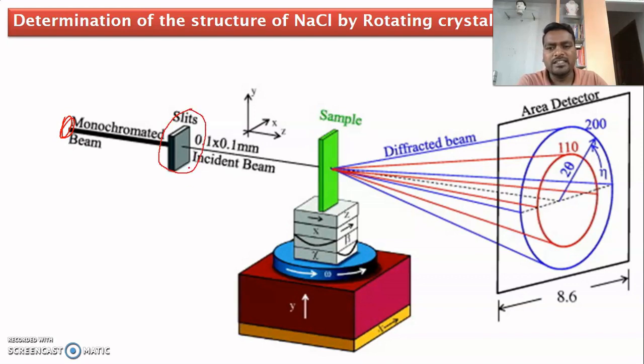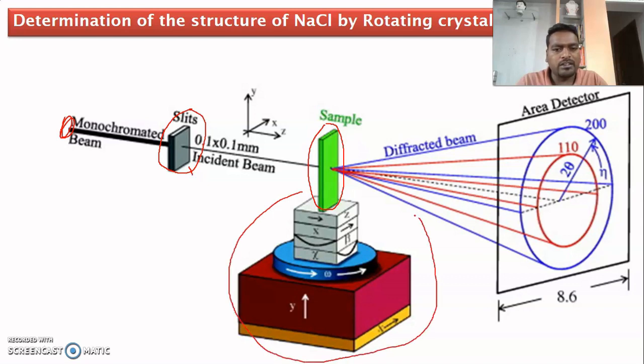This slit further filters, and it passes radiation of a single wavelength, that is monochromatic light. That is the function of the slit. This is a crystal, a single crystal sample which we place on a rotating table. This is called the rotating table.